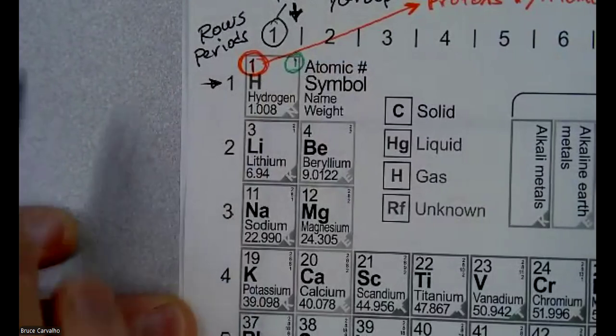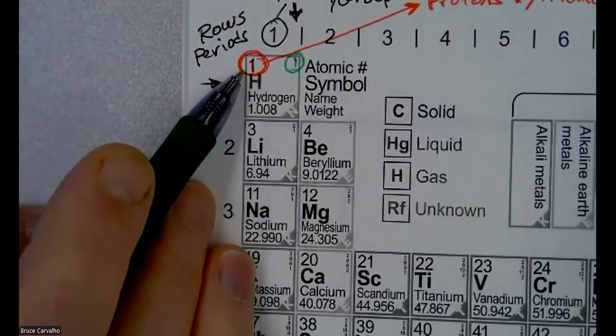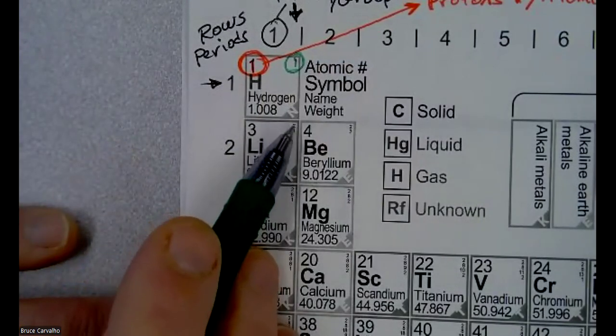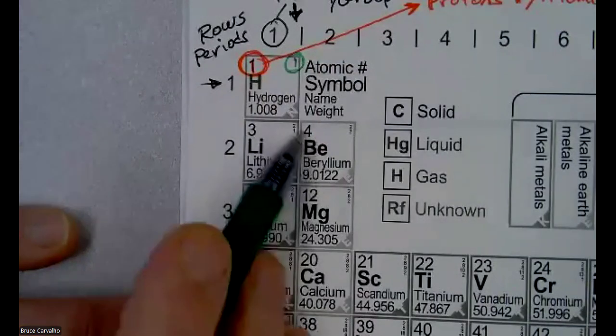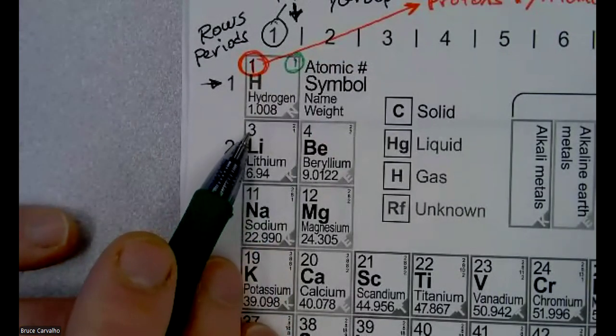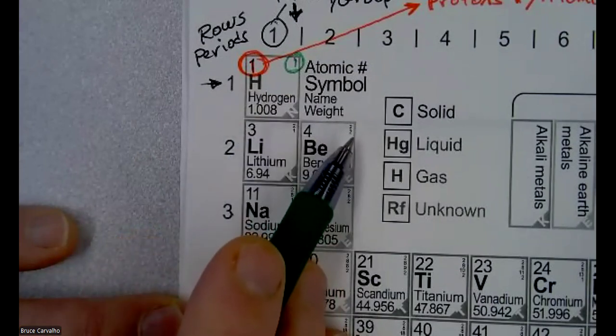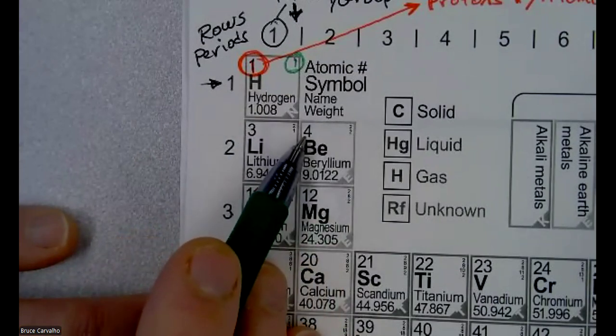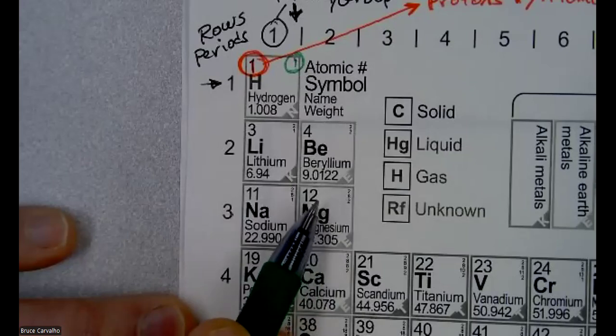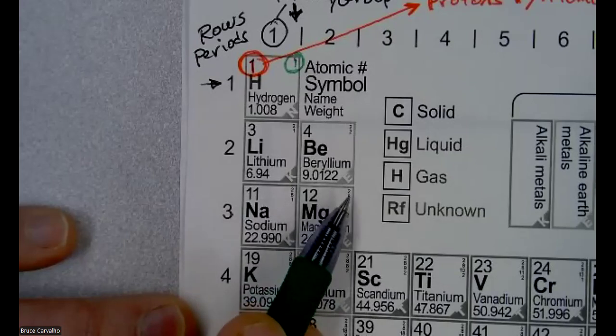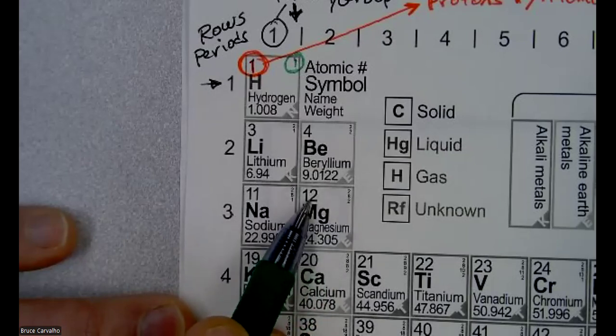It matches the red. Lithium has a 2 and a 1, and if you add them together, it matches 3 of the atomic number. 2 and 2 for beryllium matches 4. Look at magnesium. 2, 8, and 2. 2 plus 8 are 10, plus 2 are 12.